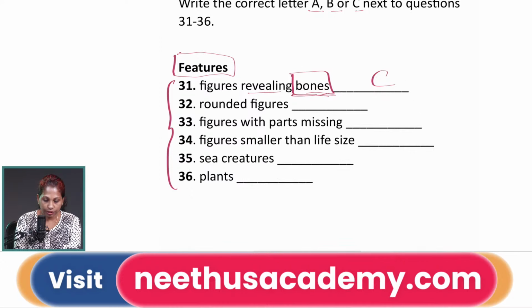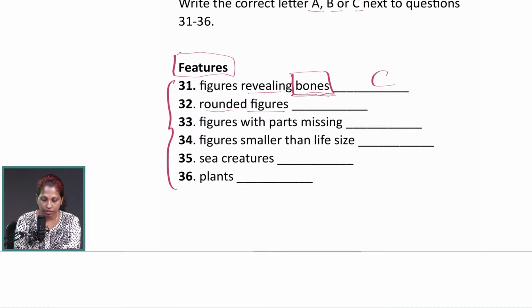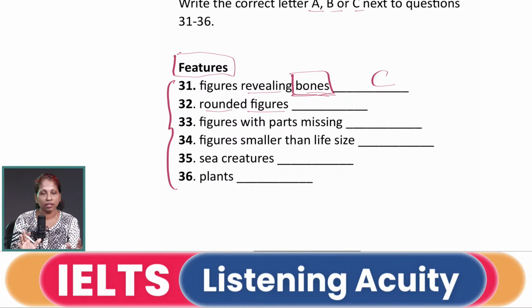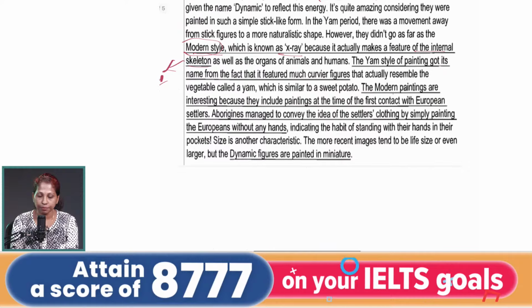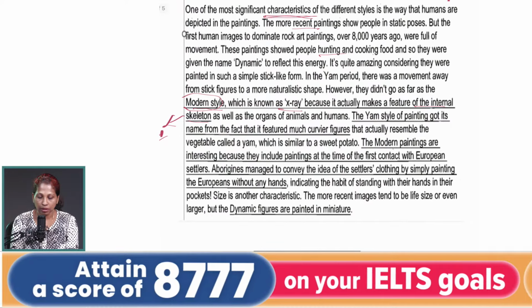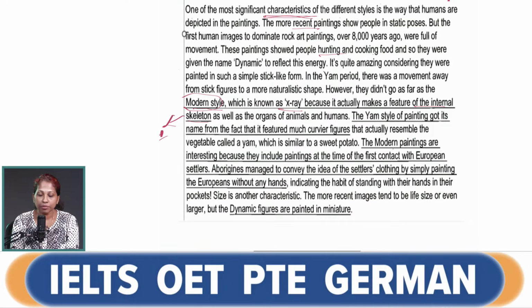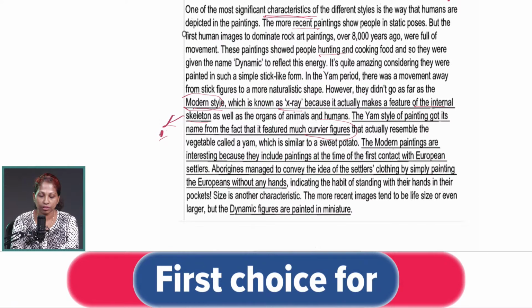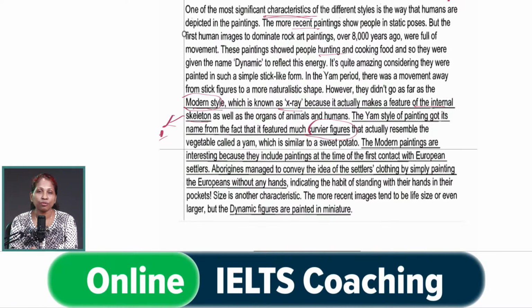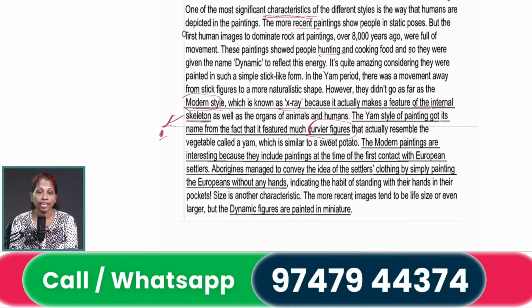Next, rounded figures, postures, right? The posture. So, rounded figures, that is a feature for which painting? Okay, the Yam style of painting got its name from the fact that it featured much curvier figures, right? Curvier figures are rounded figures, plump figures, that actually resemble the vegetable called a yam, which is similar to a sweet potato.